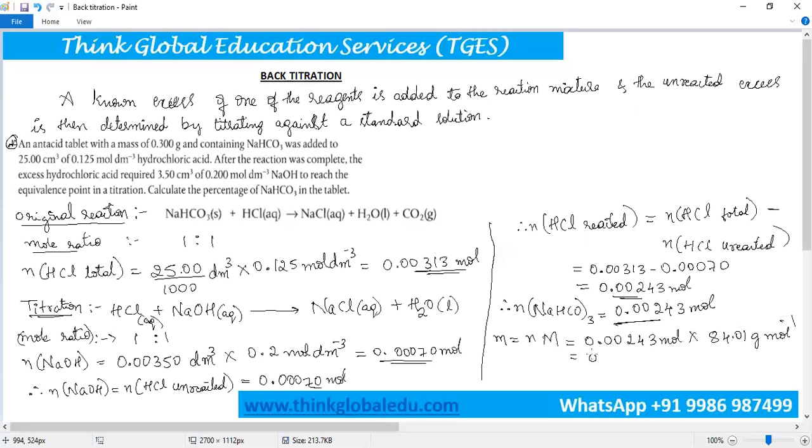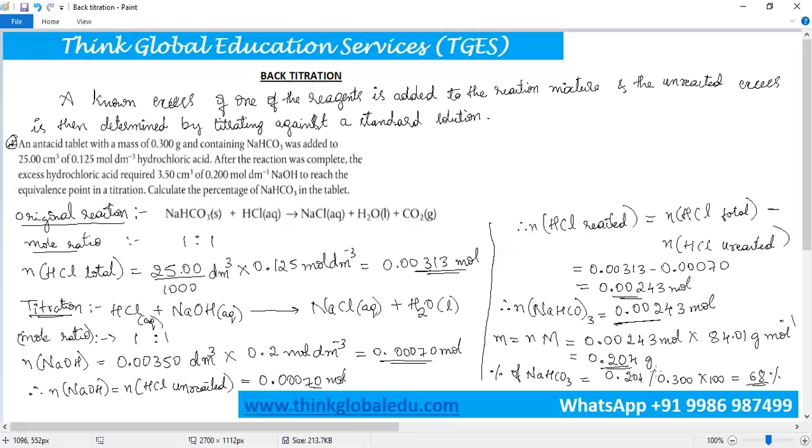Therefore, the mass of sodium bicarbonate reacted will be 0.204 grams, and the percentage mass of sodium bicarbonate in the antacid tablet will be equal to 0.204 divided by 0.30 times 100, which is 68%.